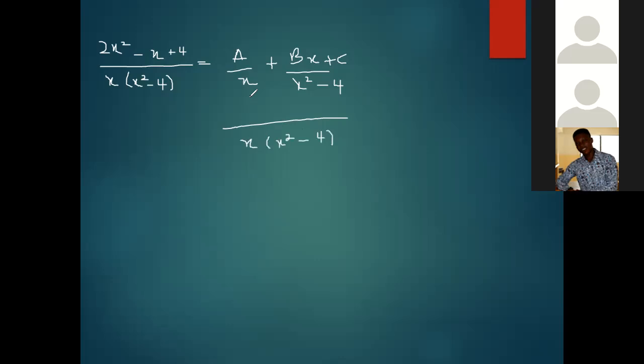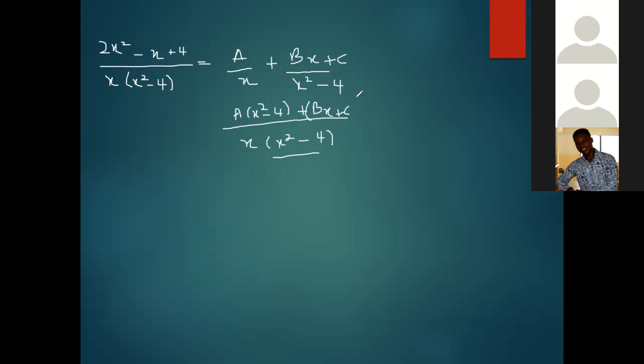Okay, then this will give us what? A, x will go here how many times? This number of times. So this times what? X squared minus 4. Then we have plus bx plus c, which is the numerator.